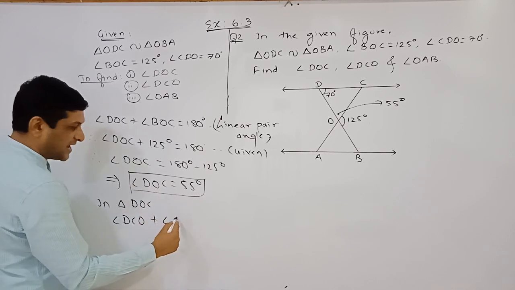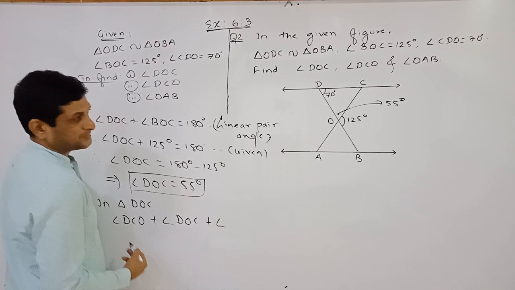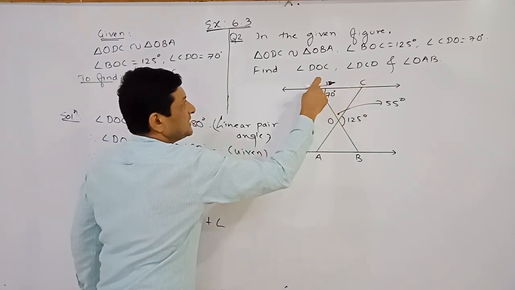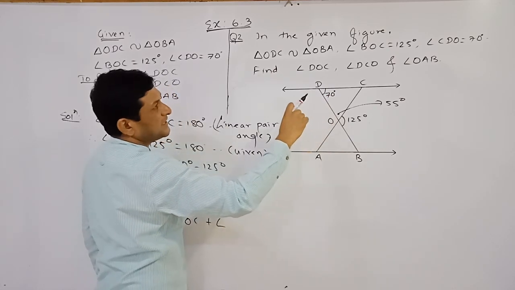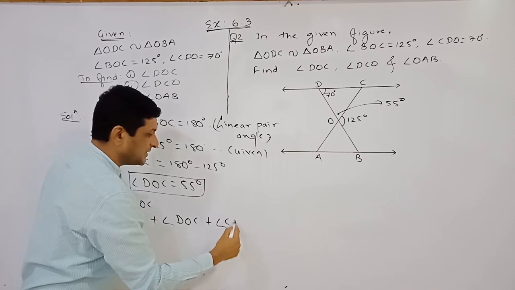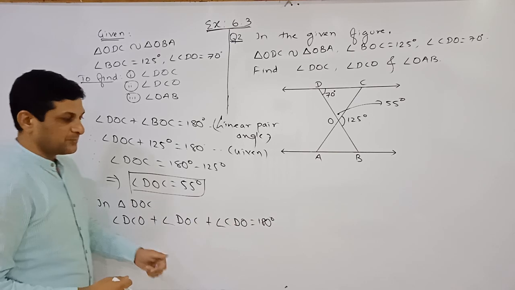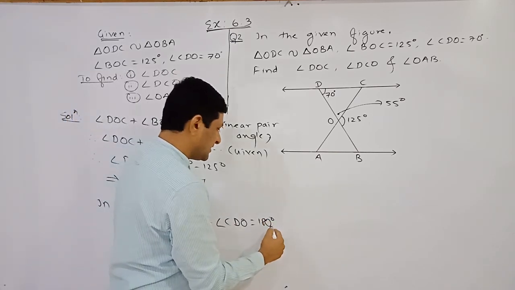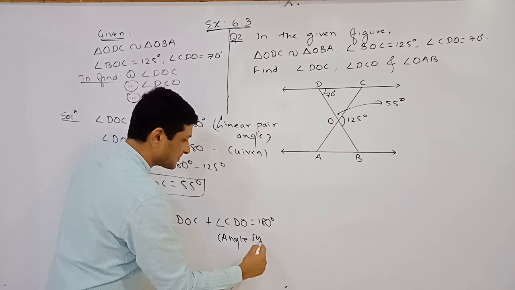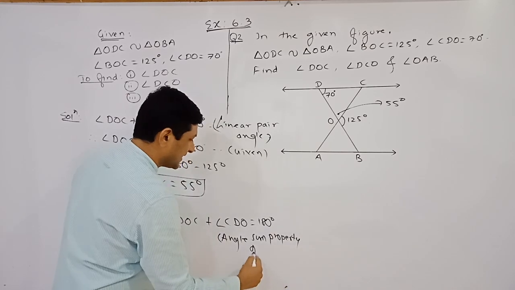So write angle DCO plus angle DOC plus angle CDO, the sum of these three angles is equal to 180. The reason is the angle sum property of a triangle.